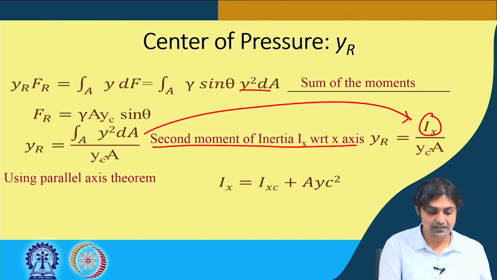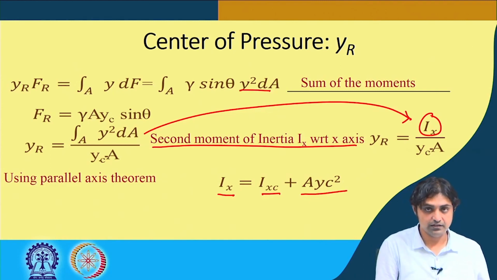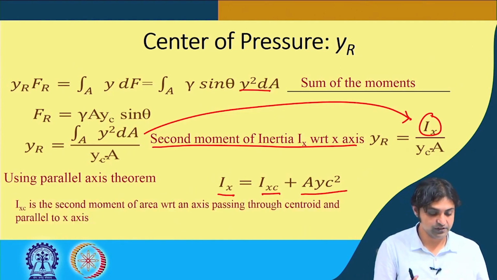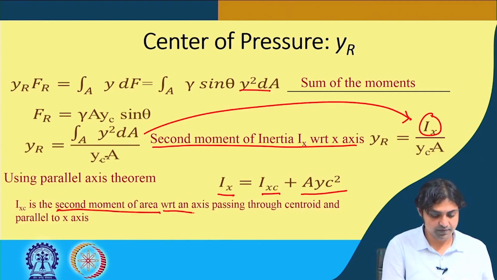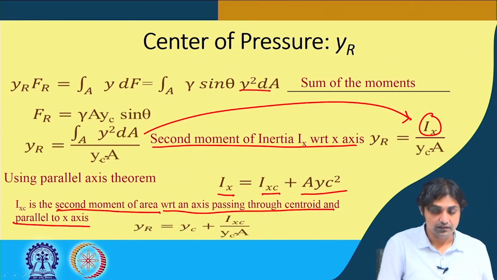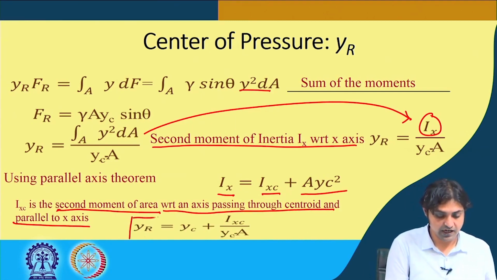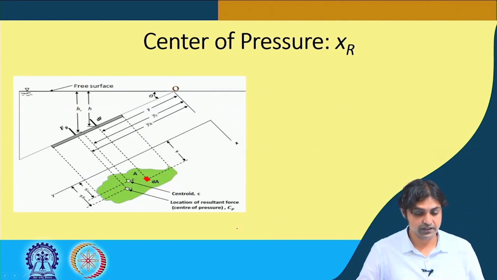So, using the parallel axis theorem, Ix can be written as Ixc plus A yc squared, very simple, that you have read before as well. So, Ixc is the second moment of inertia with respect to an axis passing through the centroid and parallel to the x axis. Therefore, the equation of YR can be written as yc, the centroid, plus Ixc divided by yc into A. Ixc is known, yc is known and A is known, right.